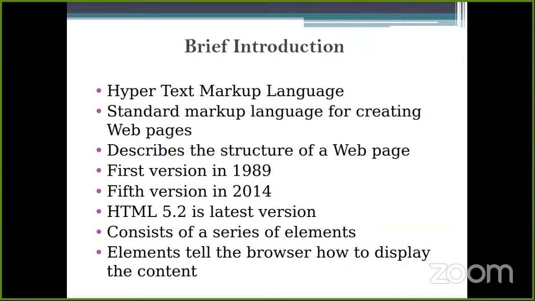Basically, HTML consists of a series of elements, attributes, and values. What are elements and tag attributes? I will explain during the different slides. Elements tell the browser how to display the content.